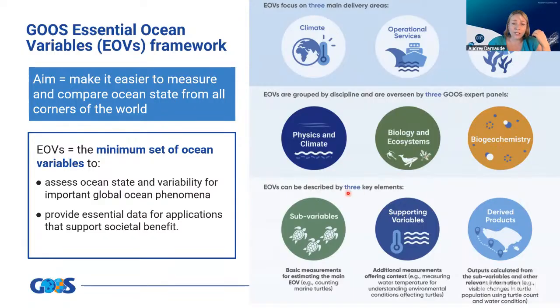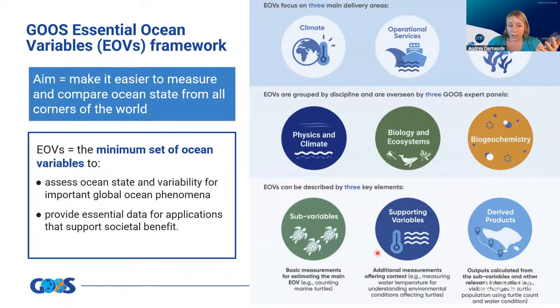And each EOV has been defined by 3 key elements: a list of subvariables, which represent the basic measurements needed for estimating the main EOV itself. So, for example, counting sea turtles at sea for the sea turtles abundance and distribution EOV.